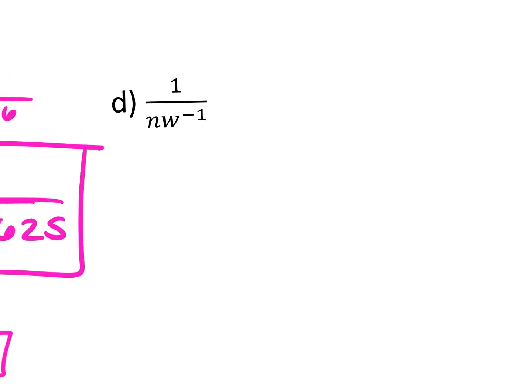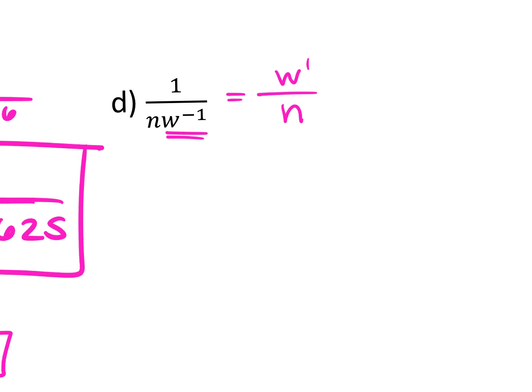So this one, okay, if you rearrange first, do you have anything on top other than a 1? Sure about that? W to the negative first needs to get moved up as W to the first. What is W to the first? Just W, right? So you don't need the exponent. You have an n on bottom.